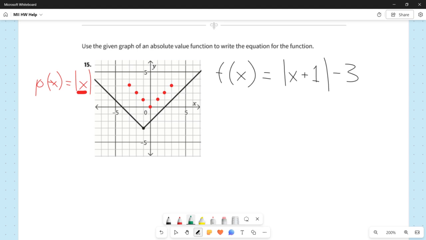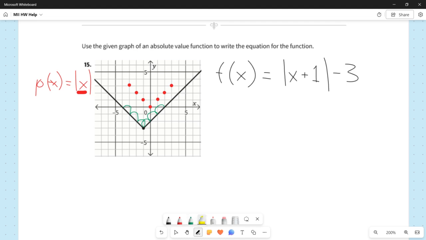The other thing that we have to check is to see, all right, has this graph been flipped or stretched or shrunk in any way? And from my new vertex, notice that on the right, I go up 1 over 1, up 1 over 1, up 1 over 1. On the left, it's the same thing. I go up 1 over 1, up 1 over 1, up 1 over 1. That is the same as the parent function. The parent function is also up 1 over 1, up 1 over 1.